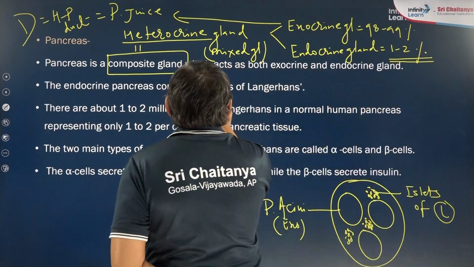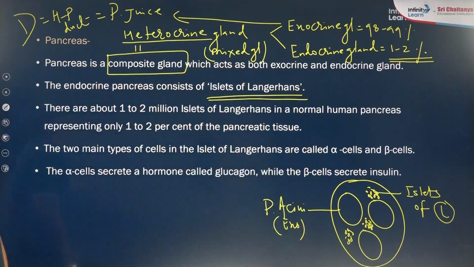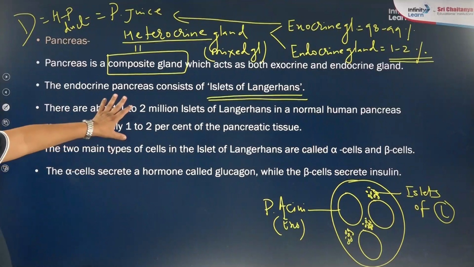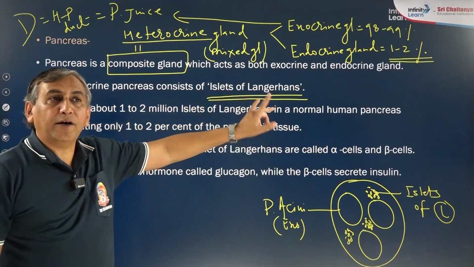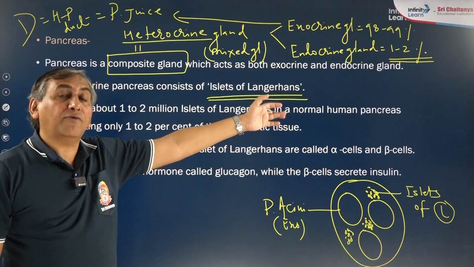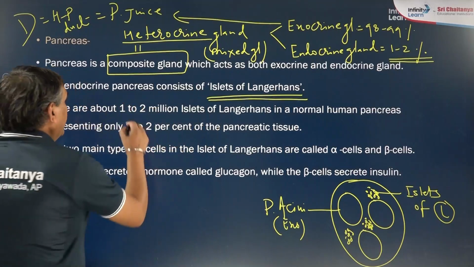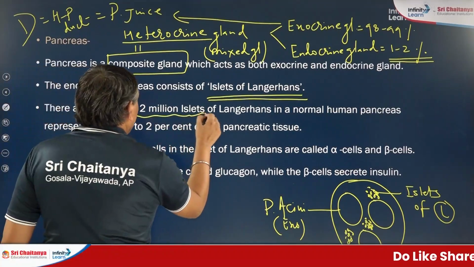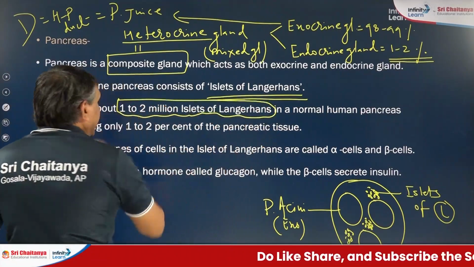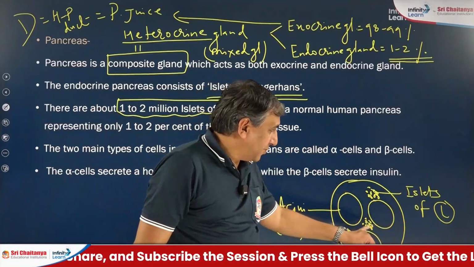What is the percentage of the endocrine part? 1 to 2%. It means there are 1 to 2 million islets of Langerhans. With the diagram I showed where they are present.